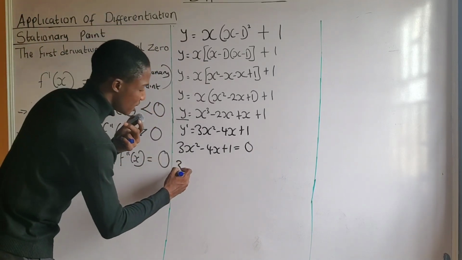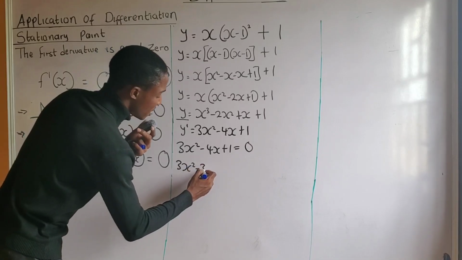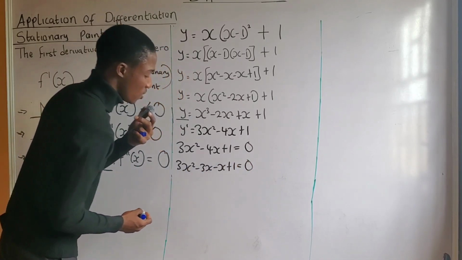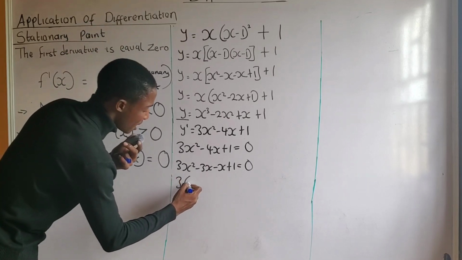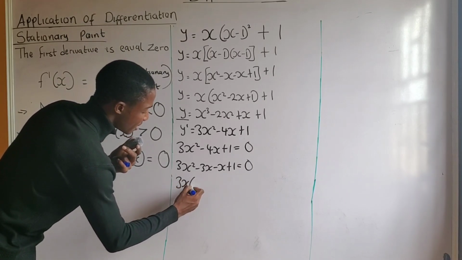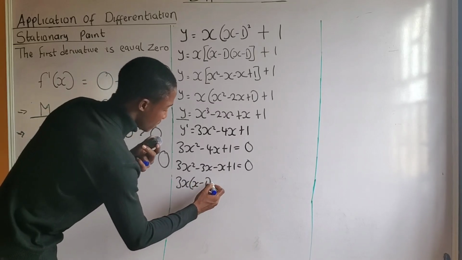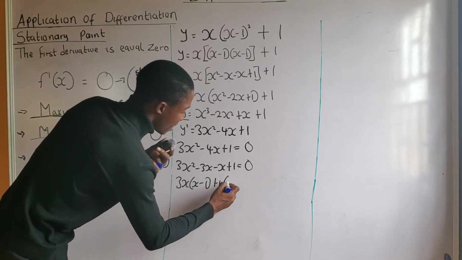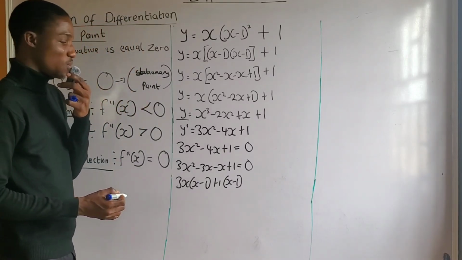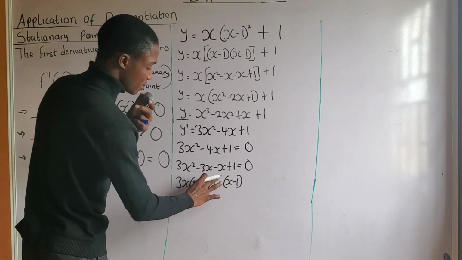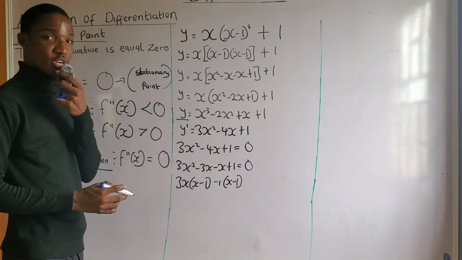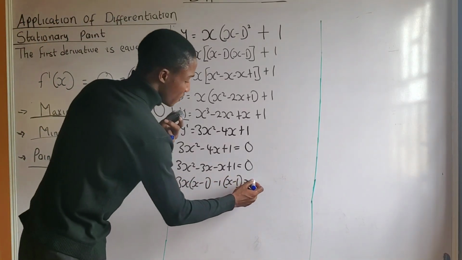I'm going to have 3x squared minus 3x minus x plus 1 equals 0, okay? 3x multiplied by x minus 1, plus, sorry, it should be minus 1 multiplied by x minus 1. Okay, what I did was that I just factorized.